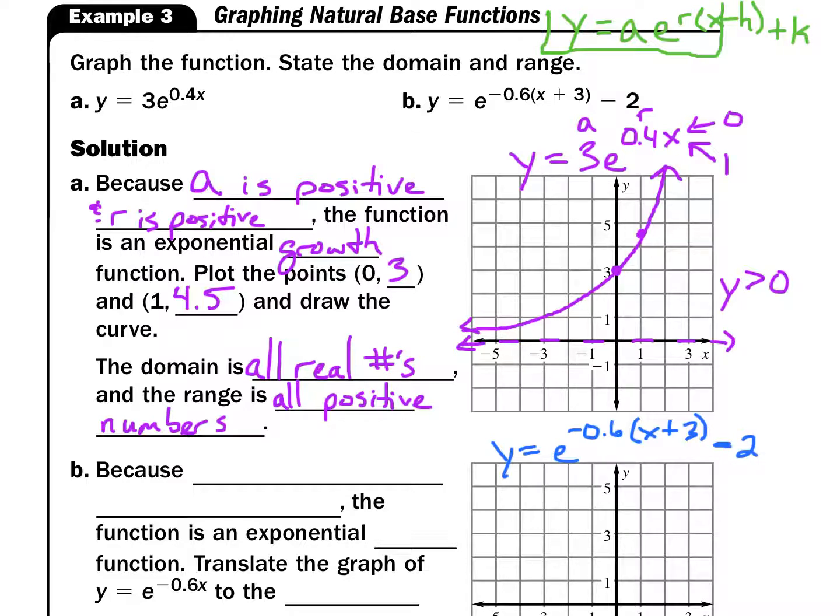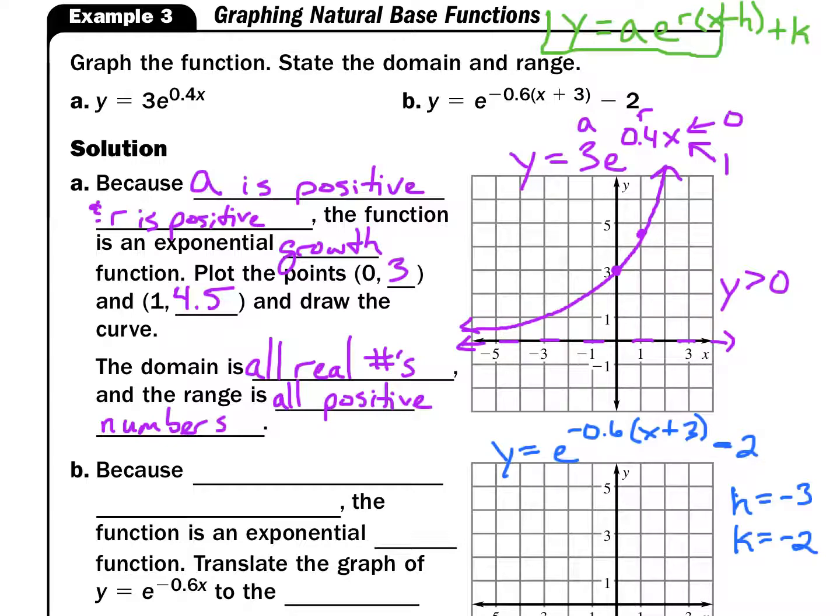If I look in the parentheses next to the x, I have x plus 3. Well, if it's in the form x minus h, that means that my h is actually negative 3. And my k, because it's in the form plus k and we have minus 2, that means that my k is negative 2. So I'm going to have a horizontal shift of negative 3, and a vertical shift of negative 2.